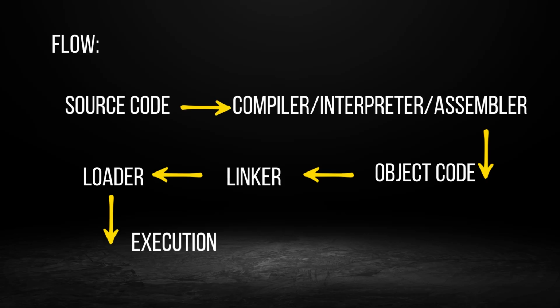This diagram shows the full flow. Your source code passes through compiler or interpreter, then assembler if needed, gets linked, loaded, and finally executed.